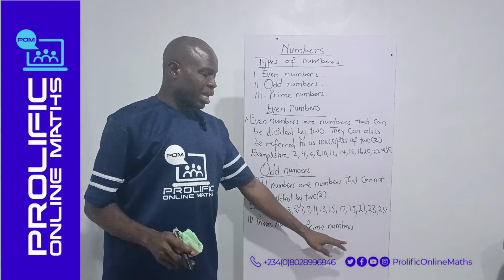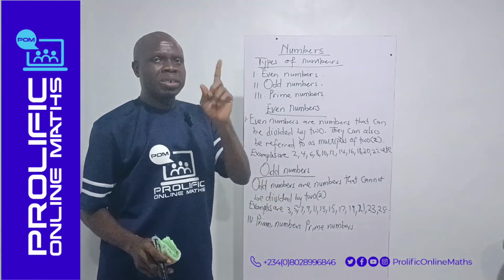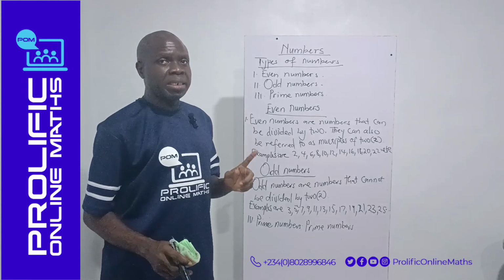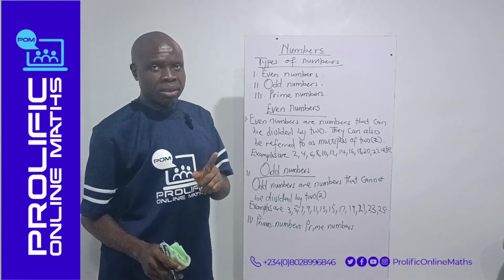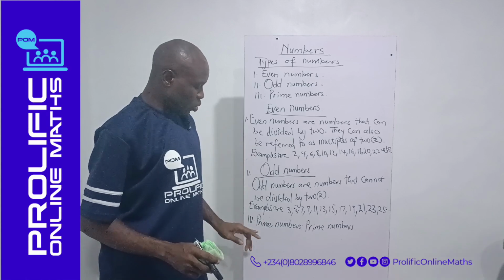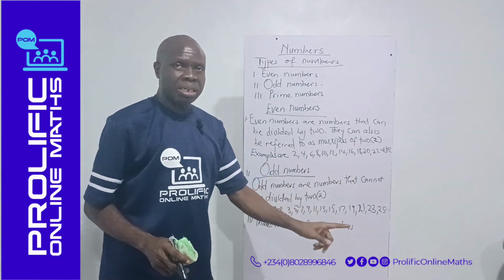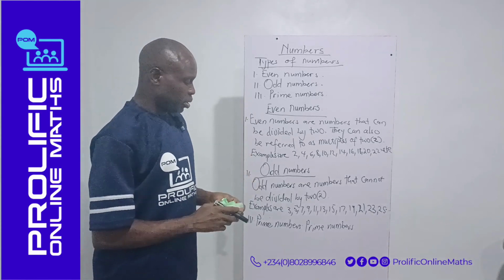No other number can divide them except 1. So prime numbers are numbers that can be divided by 1 and themselves.